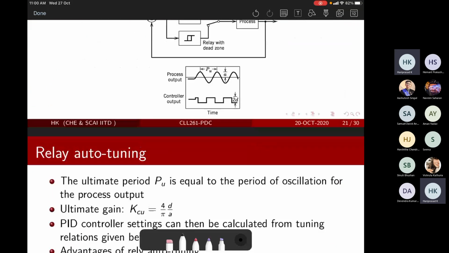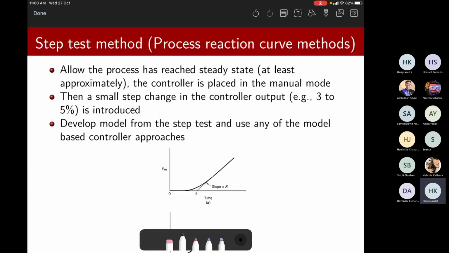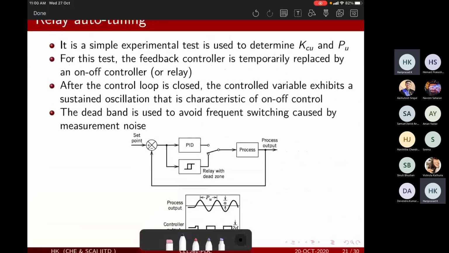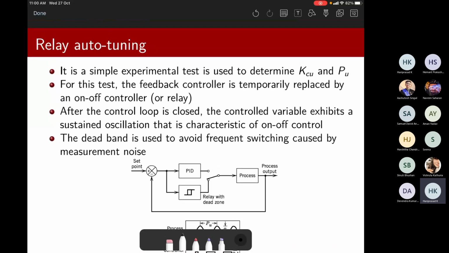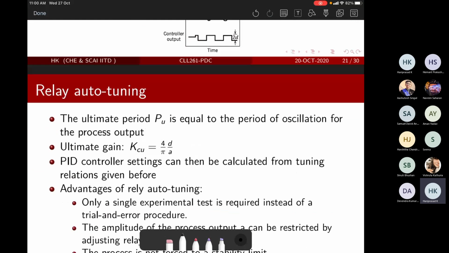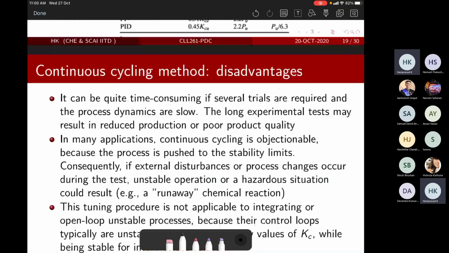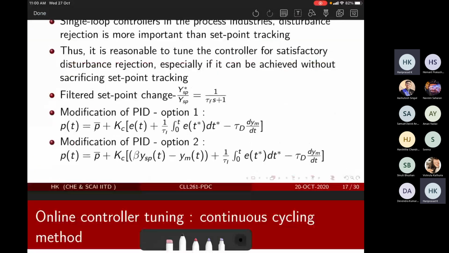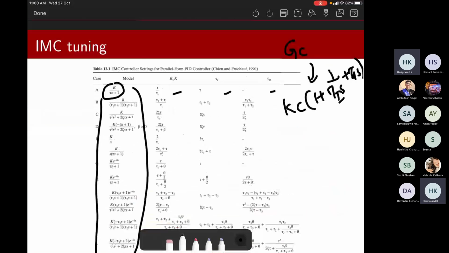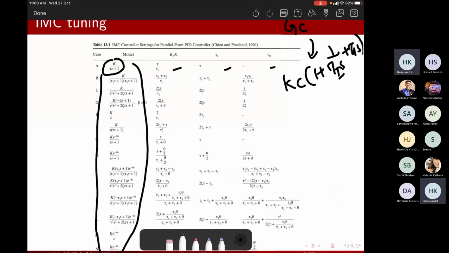There is also the Tyreus and Luyben method, I think. This is the relay tuning, which is called the Tyreus and Luyben method. We will look at these in the next class, and that would complete our controller design aspect.